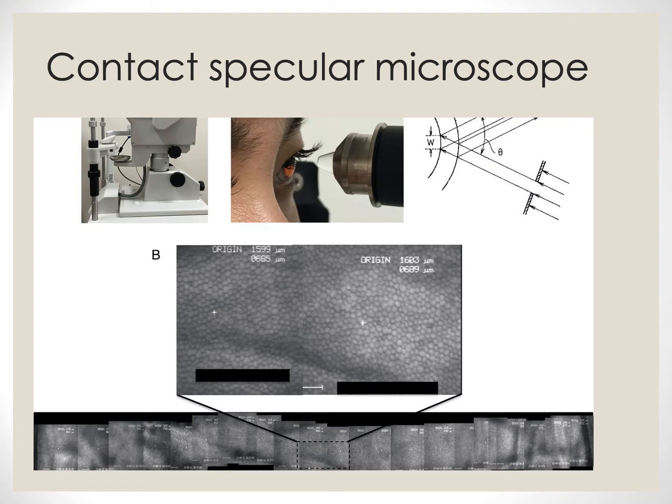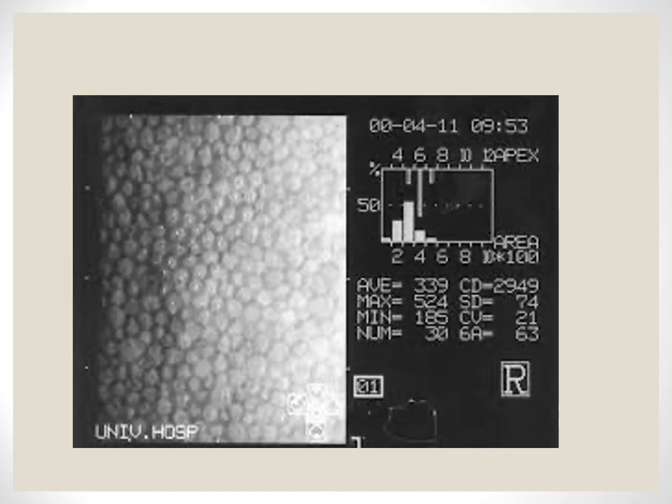This is an image of the contact type of specular microscope and how we can go for a larger field of examination using even video imaging of different areas of the corneal endothelium.